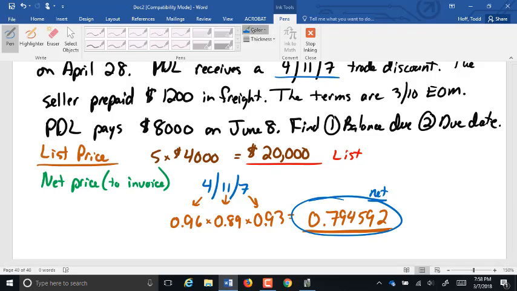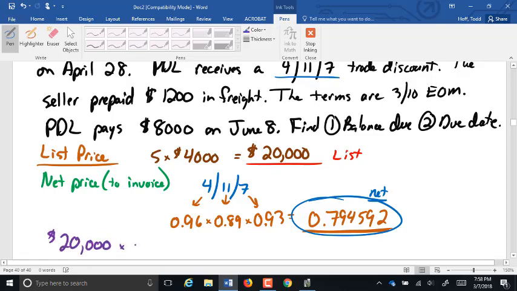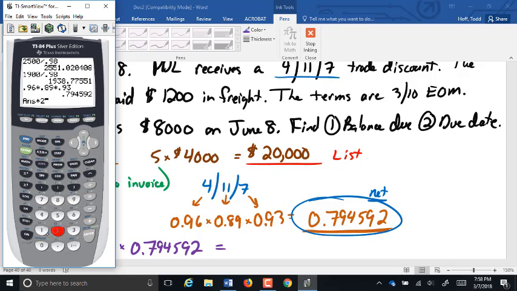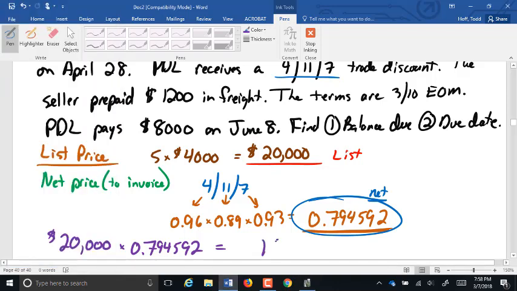So we're going to take our list price, 20,000, times 0.794592 to get 15,891.84. That is the amount that goes on the invoice.